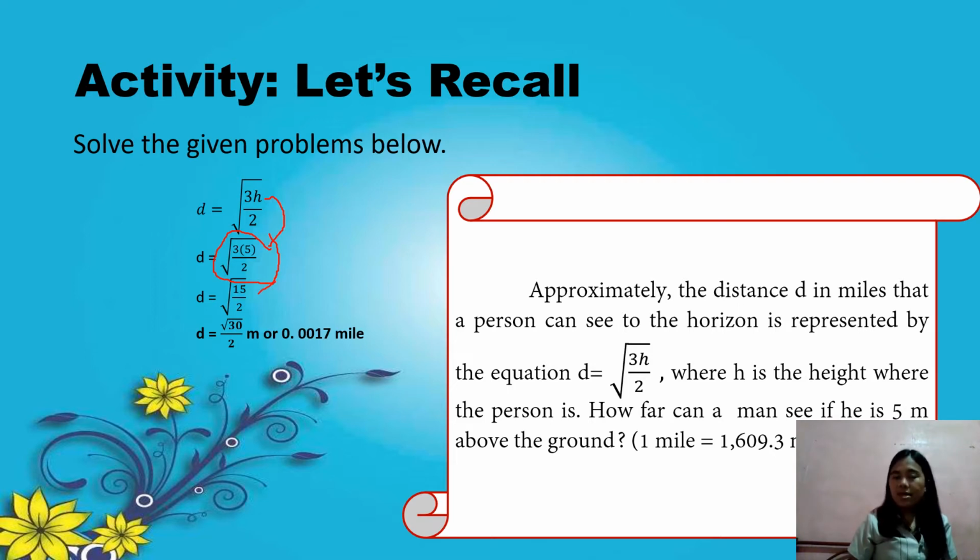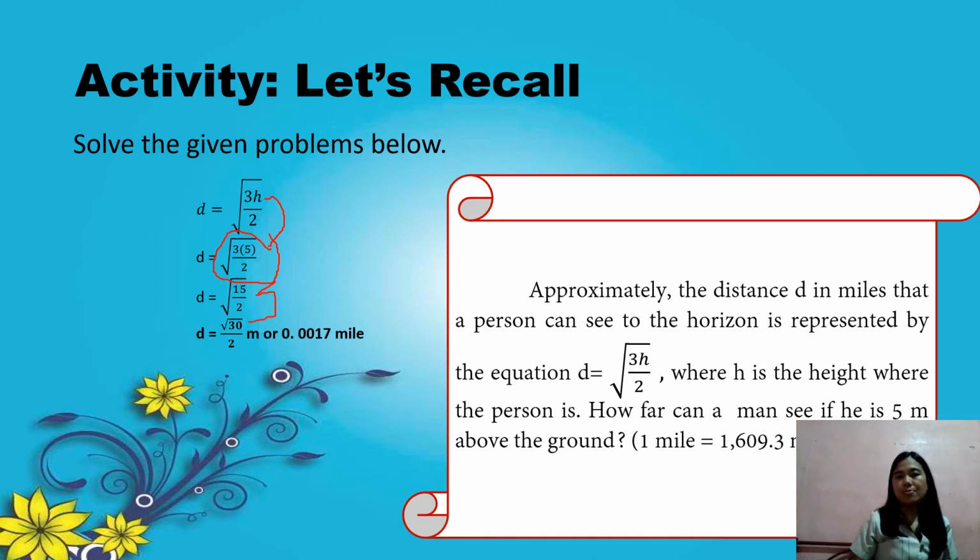And since the square root of 15 over 2 is not simplified, if you could remember, a radical in the denominator is not allowed. So we have to do the process of rationalization. Rationalizing the square root of 15 over 2, we simply multiply both numerator and denominator by 2 over 2.